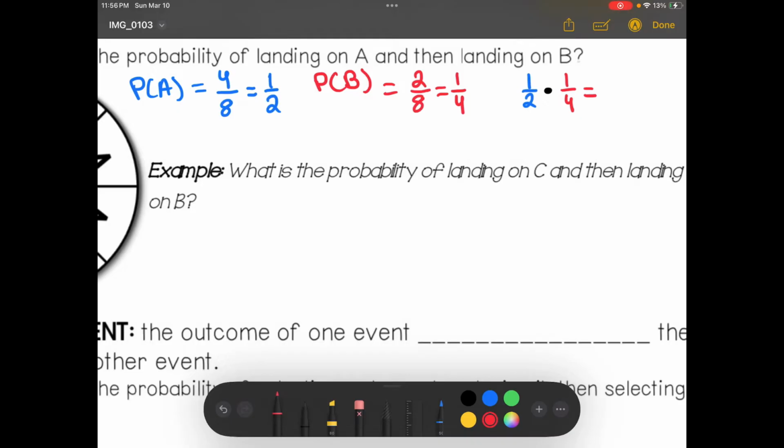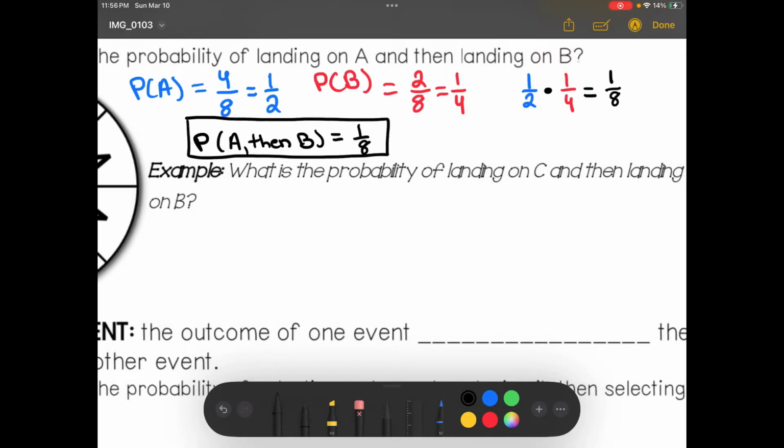So we're going to do 1 times 1 is 1, and 2 times 4 is 8. Compound probability is written like this. The probability of A, then B is 1/8. That's how you'll see that written. The probability of A, then B is 1/8.